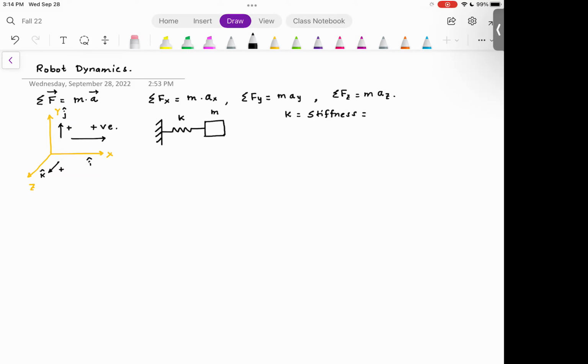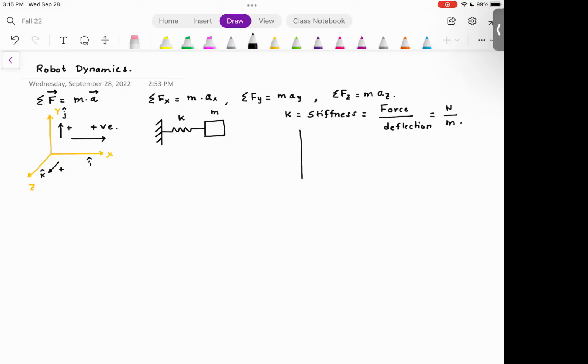Stiffness means whether the spring is hard or soft. And that is given by this classic expression, force divided by deflection. Force is given in Newton, deflection is given in meter. So spring stiffness is given in Newton per meter.